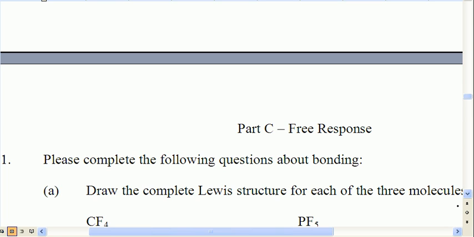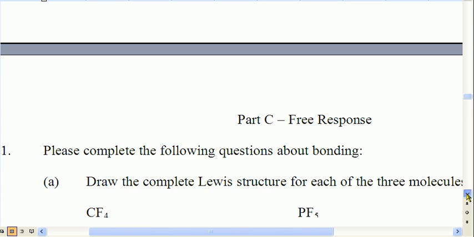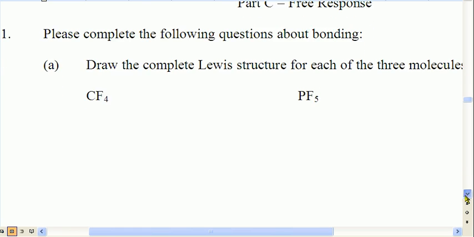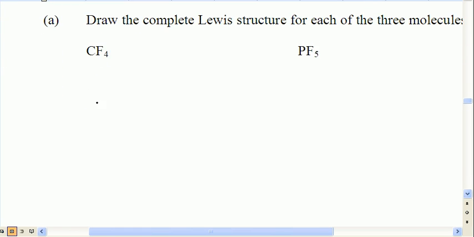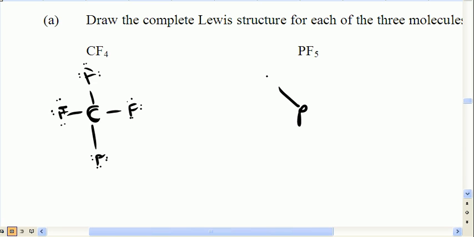Okay guys, back doing the free response section to the test. For problem 1, draw Lewis structures for each. Okay, so you're going to end up with your Lewis structures. We're on free response, so you want to show all your lone pairs. PF5, you're going to end up having to split here.